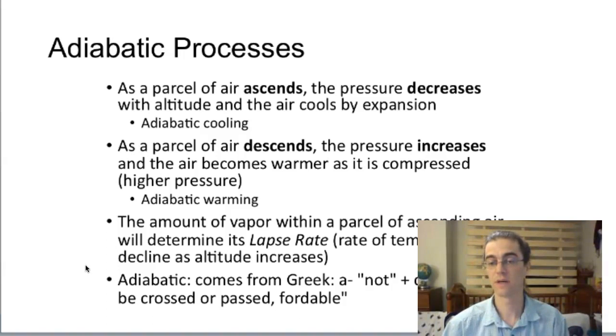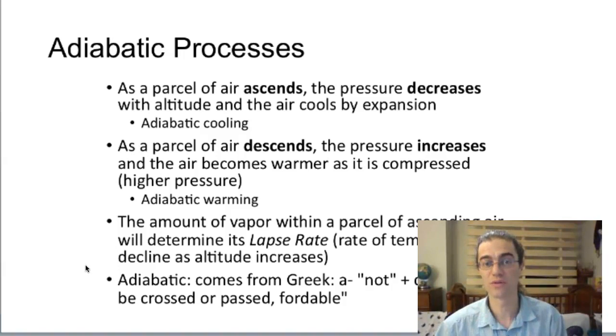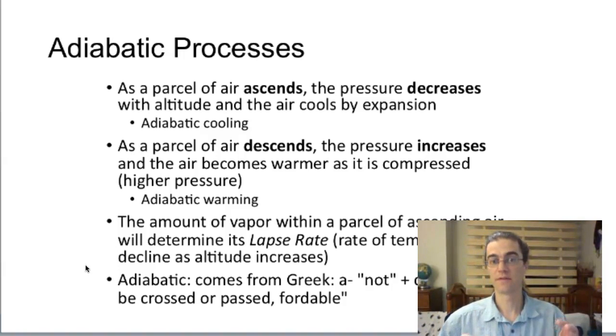A lot of our words that start with a indicate a negation of something, and then diabatos, or however it's pronounced in Greek, means to be crossed or passable. And so we can think of not passed, or not going through.